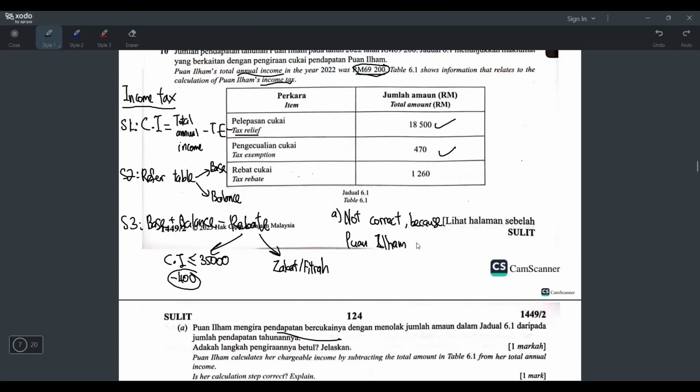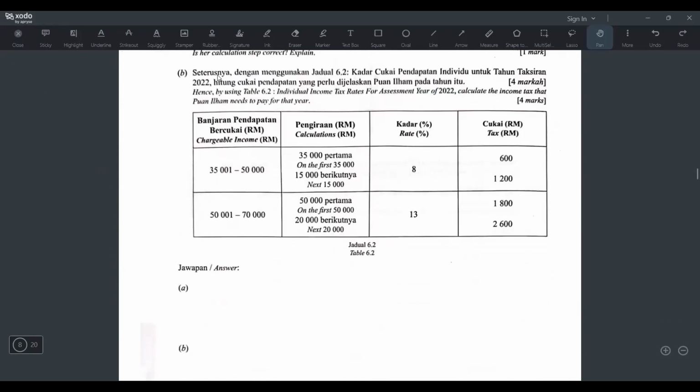If you write in English, Puan Ilham does not need to subtract tax rebate to calculate chargeable income. Subtract means minus. Ya, untuk kira pendapatan bercukai, kita tak perlu tolak rebate. So that's why it's wrong lah to minus this. Okay, so that is the answer. Sudah siap.